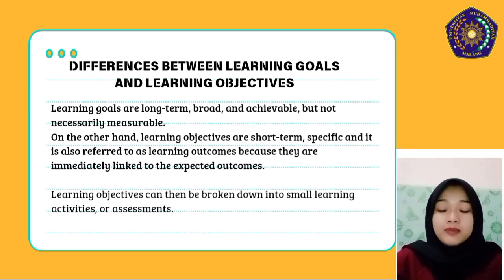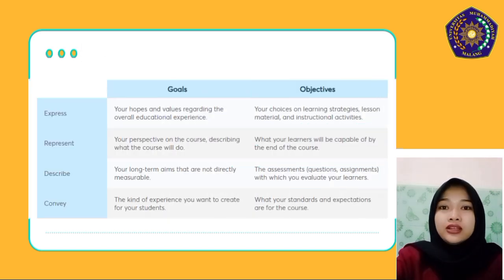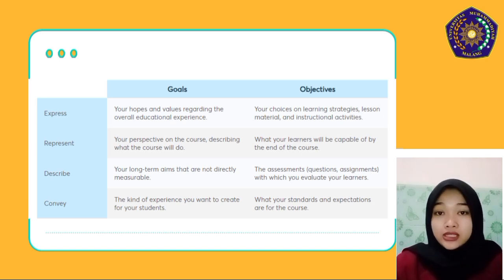Another difference between learning goals and learning objectives is that learning goals express teachers' views regarding the overall educational experience. Learning objectives express teachers' choices on learning strategies, lesson materials, and instructional activities.